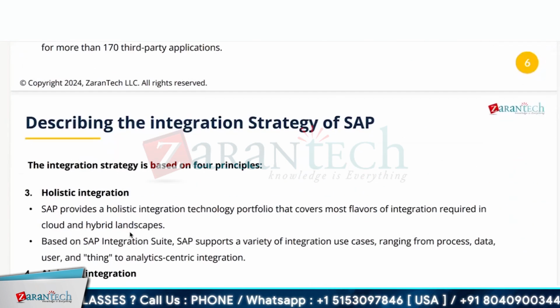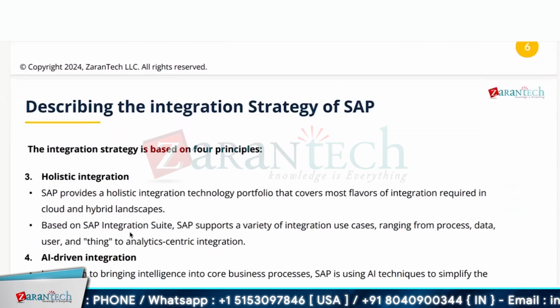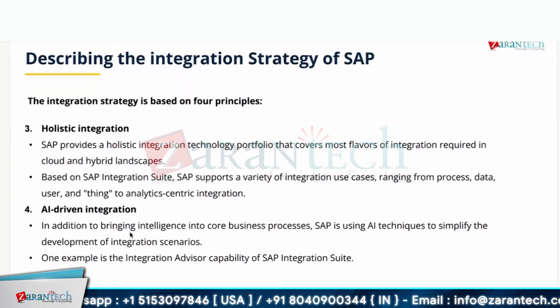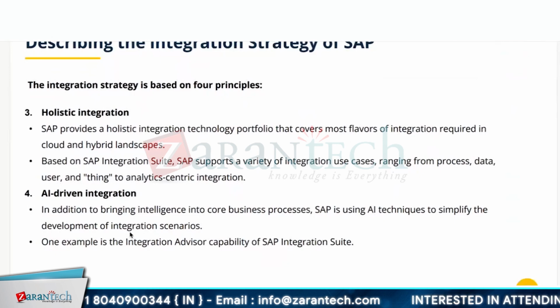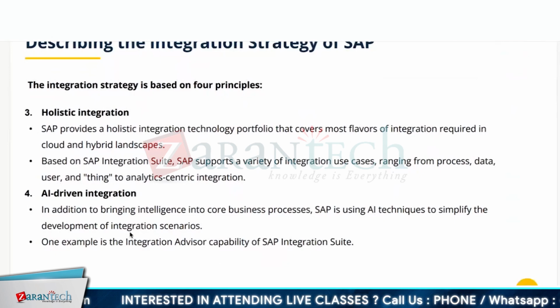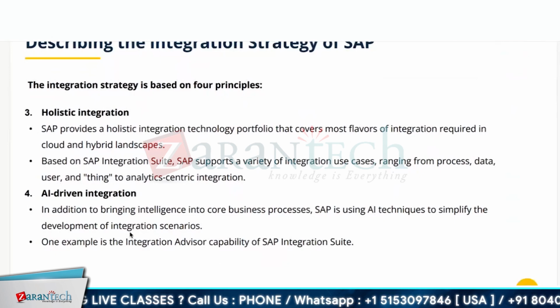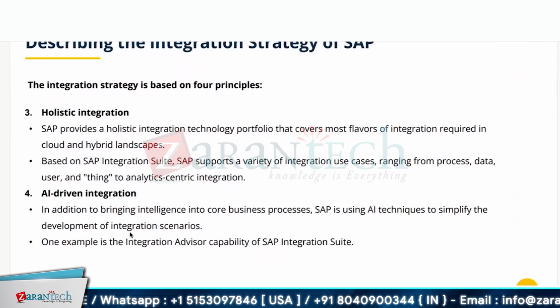So coming back to holistic integration, because SAP has other cloud solutions like your Ariba and your other cloud offerings like SAP CRM cloud and SuccessFactors, in order to have the holistic integration, it touches upon multiple flavors. Let's take an example.